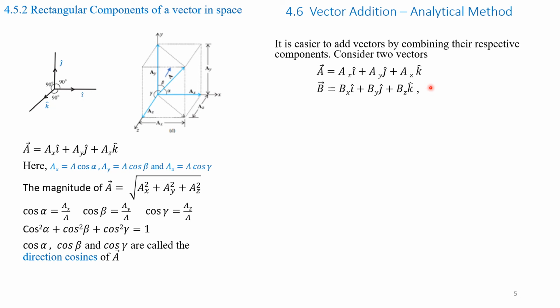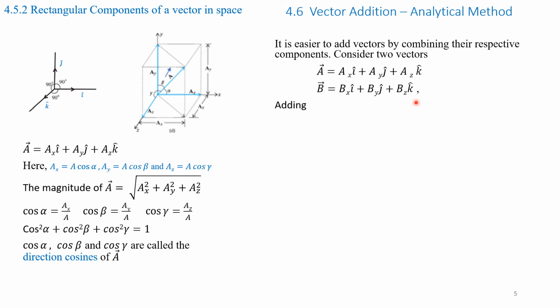Consider another vector B defined as B is equal to BxI plus ByJ plus BzK, where Bx is the coefficient of I and the magnitude of vector B along x-axis, By is the magnitude of vector B along y-axis, and Bz is the magnitude of vector B along the z-axis.